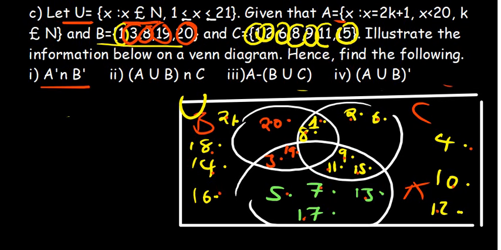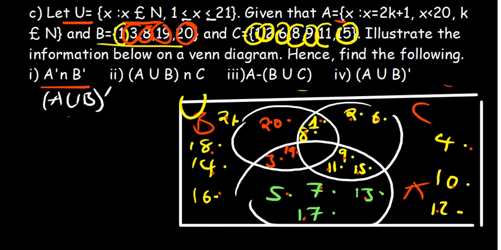So that is De Morgan's law. What does that mean? It's also equivalent to A union B complement. So you're trying to talk about the region outside the union of A and B. You combine the entire region of A with B, and outside of it is what is going to be our members.